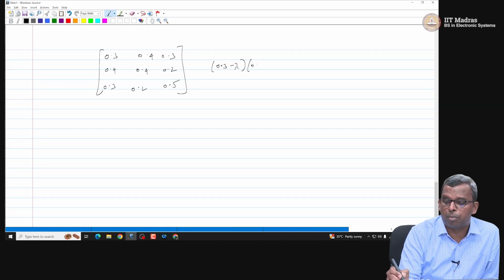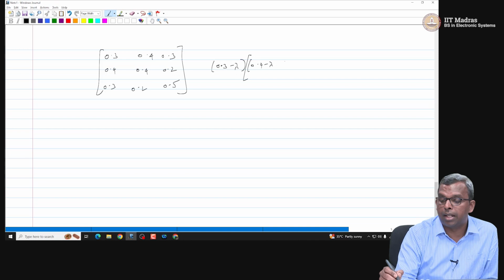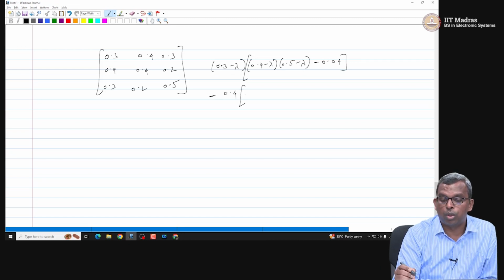So this is a bit of a pain, right. So 0.3 minus lambda, and the diagonal will come out here, minus 0.04, minus 0.4 into 0.4 into 0.5 is 0.02.